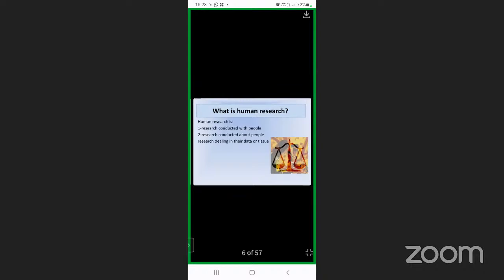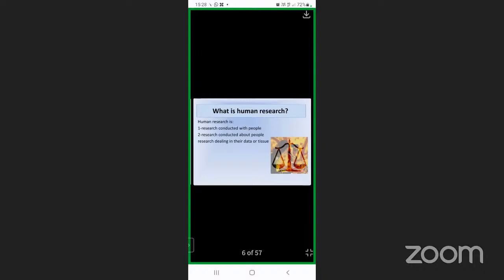In this case, human research is the research conducted with people, and research conducted about people, dealing with their data or tissue.